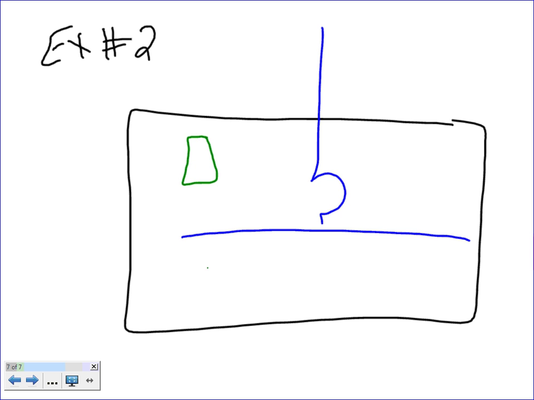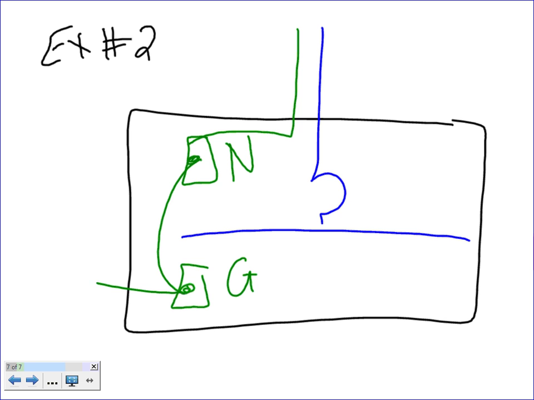Did I put the neutral at the top? Yes. Okay, so let's be consistent. Neutral, ground, bond these two together. Take the neutral here, take the ground to Mother Earth.